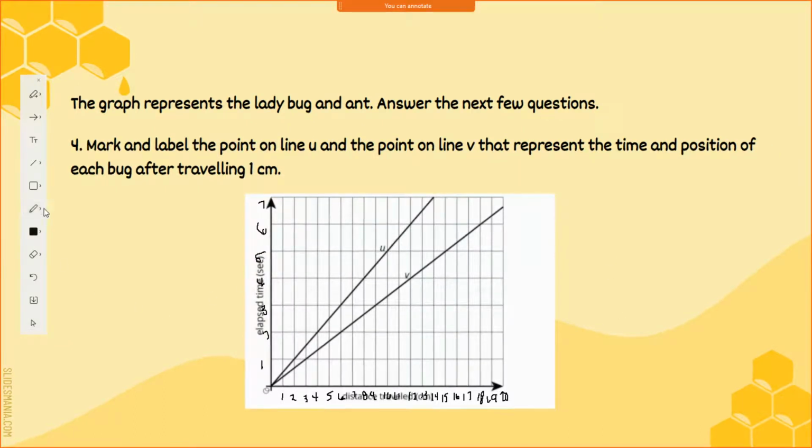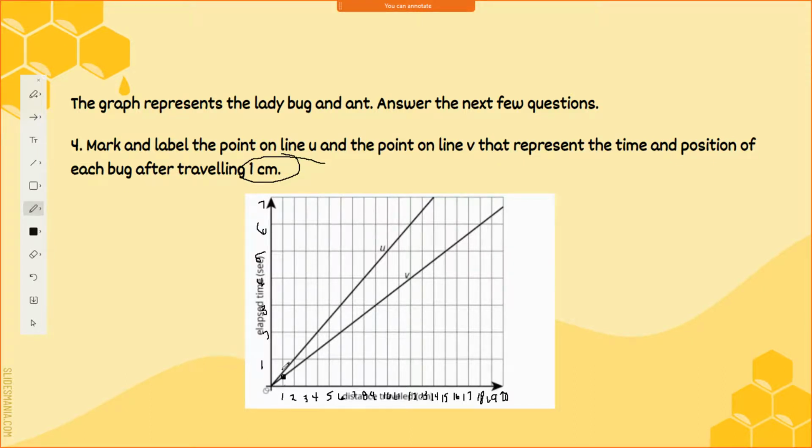Problem number 4 says, mark and label the point on the line that U and V represent the time and position of each bug after traveling 1 centimeter. So this is just like what we did before with the 12 centimeters, but this time we're doing it at 1 centimeter. We're simply going to draw a point right at 1 centimeter for each line.